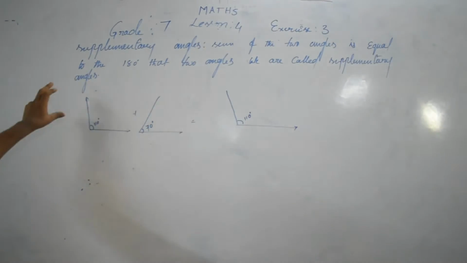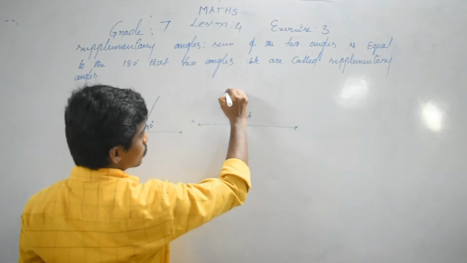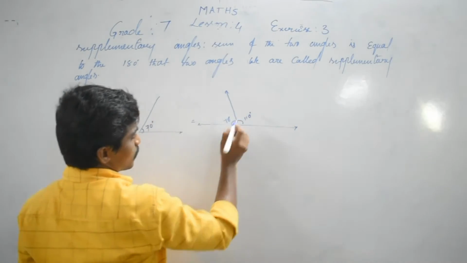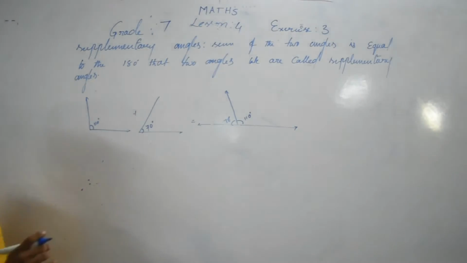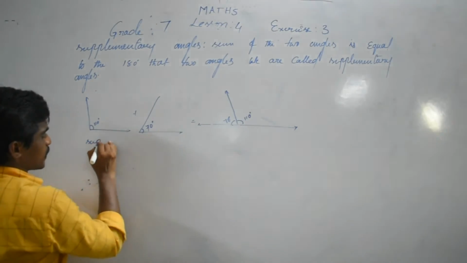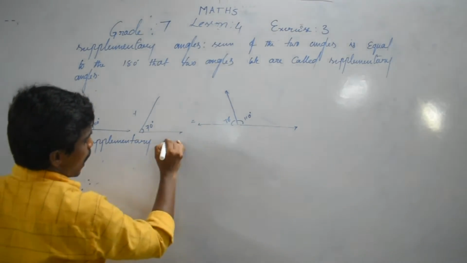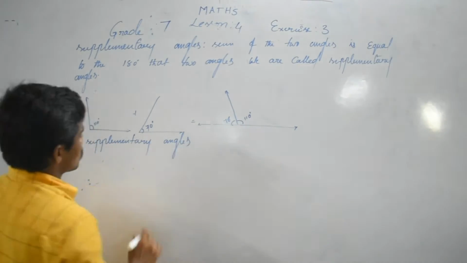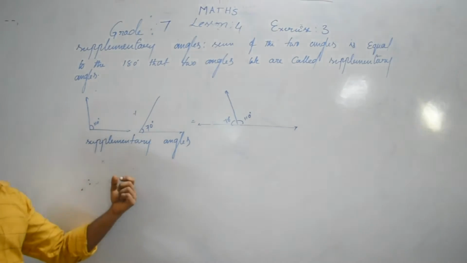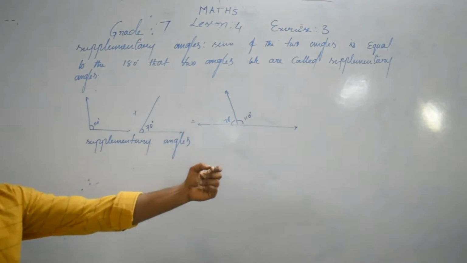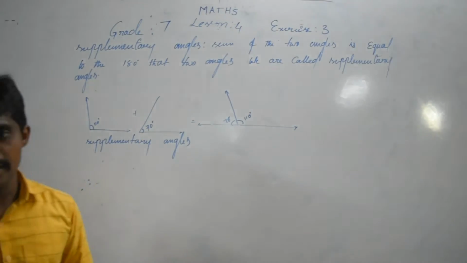Now this one is added in reverse, 70 degrees. Now total how many degrees? 180 degrees. So these are supplementary angles. 110 degrees plus 70 degrees, both angles add up to 180 degrees. So these angles we call supplementary angles.